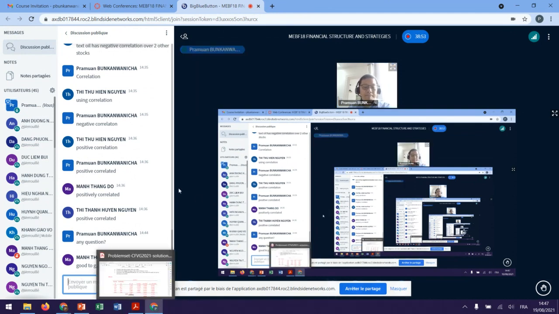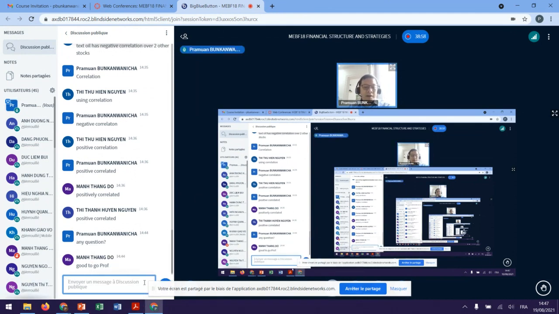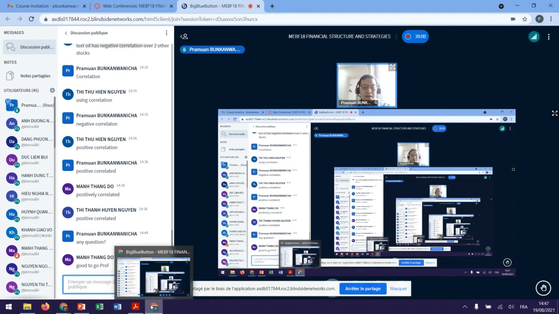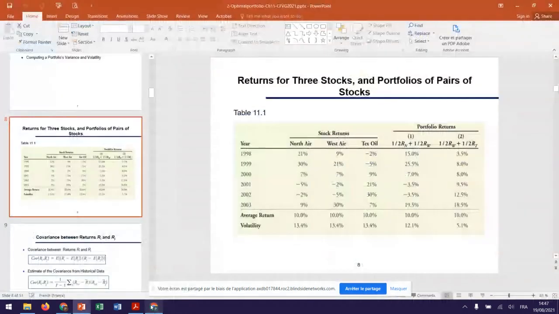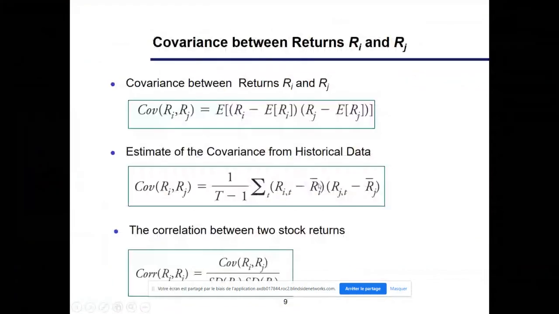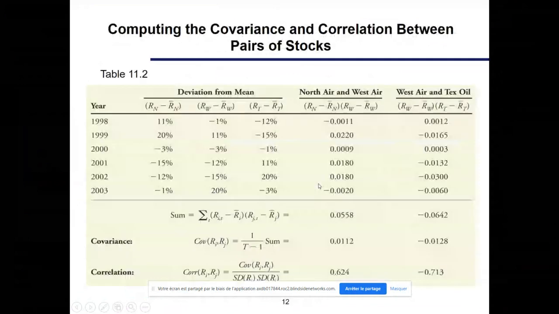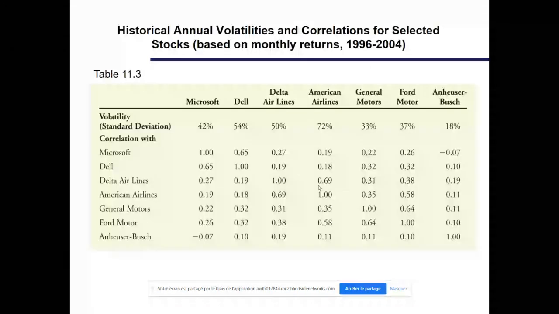I have had students who never studied finance before get the highest mark on the exam.